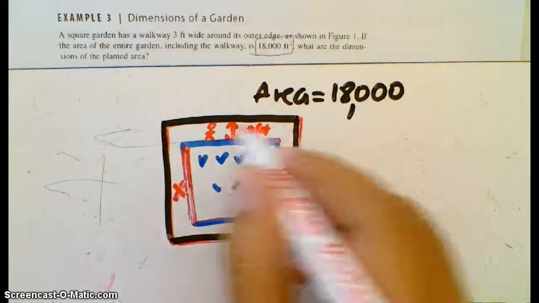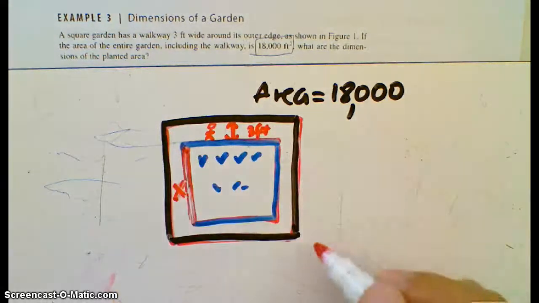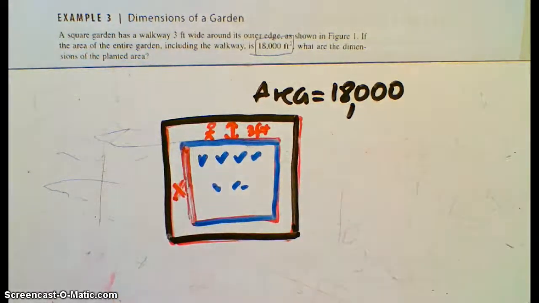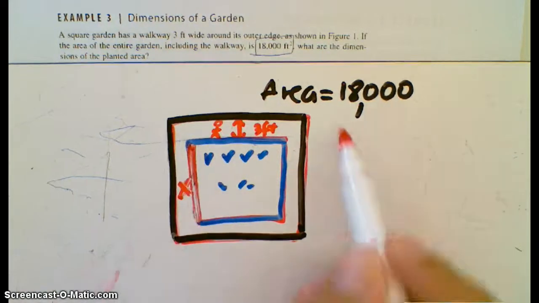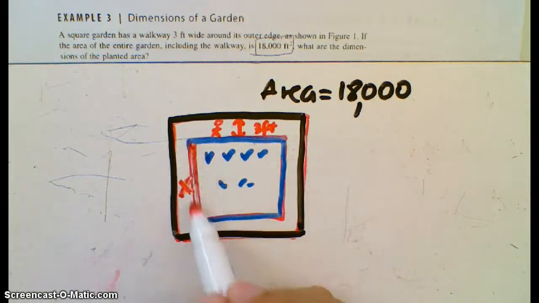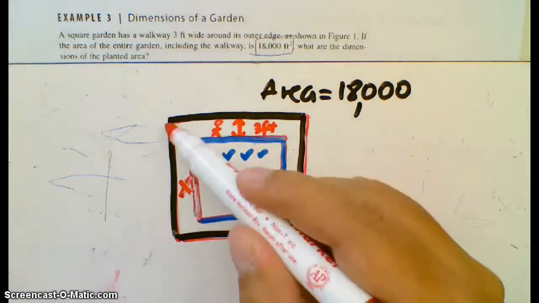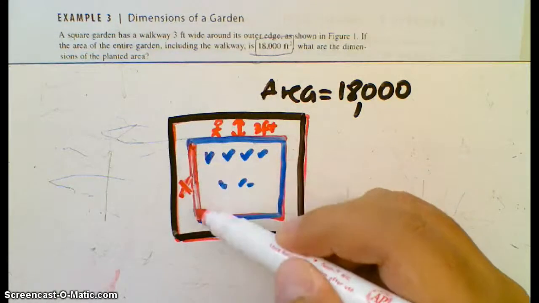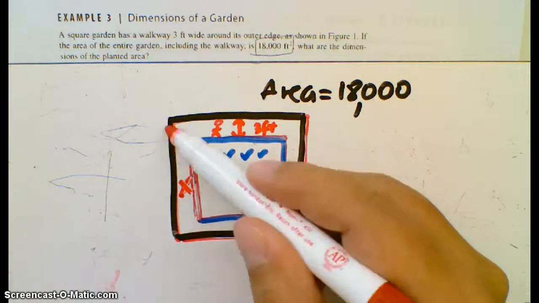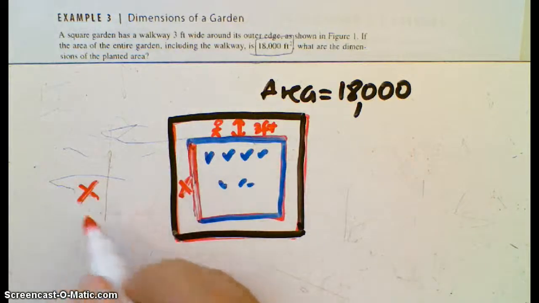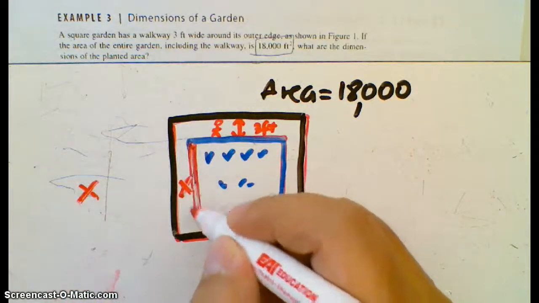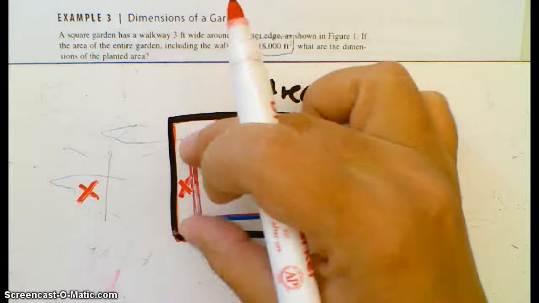Now I know the area of the black square right here is 18,000. Now I just have to find some relationship between this big side, for which I have some information, and my side that I'm calling x. The black side and the red side are related somehow. The black side contains the x side, but it's longer. Do you agree? The black side is longer than the x side.